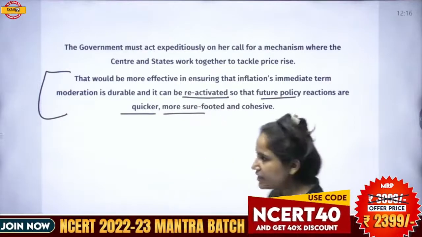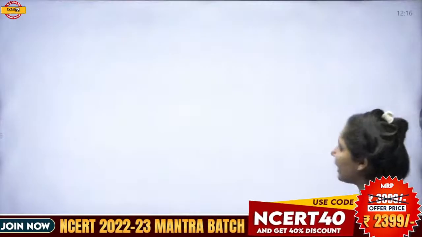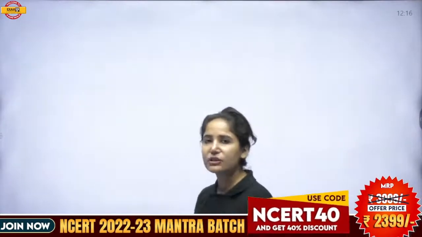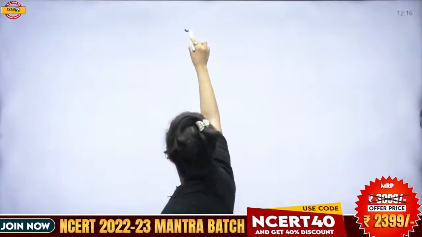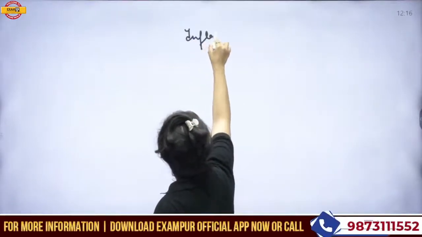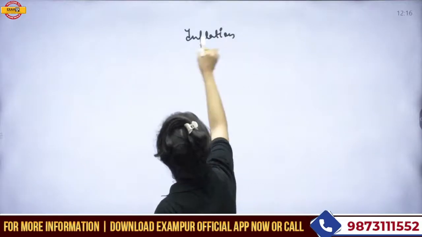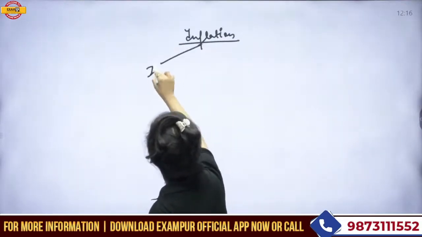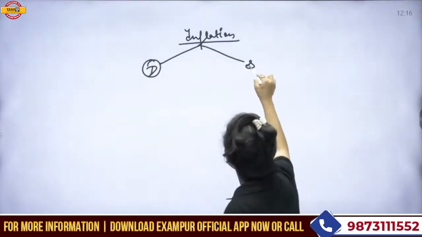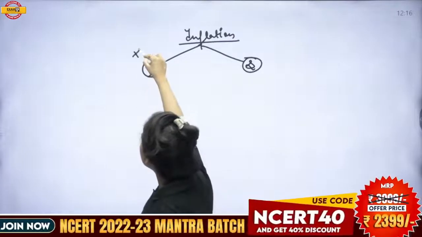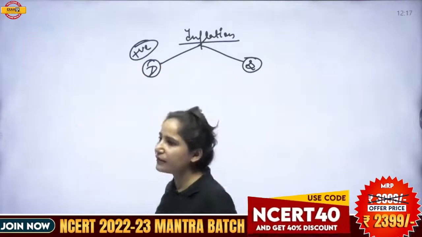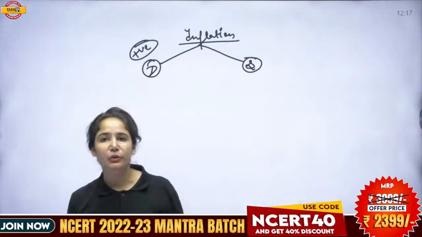So in the beginning, what is this article talking about? First of all, the article explains two facts, demand and supply. Both things have been explained. In the positive sense, when we hear the term inflation, what comes to our mind?